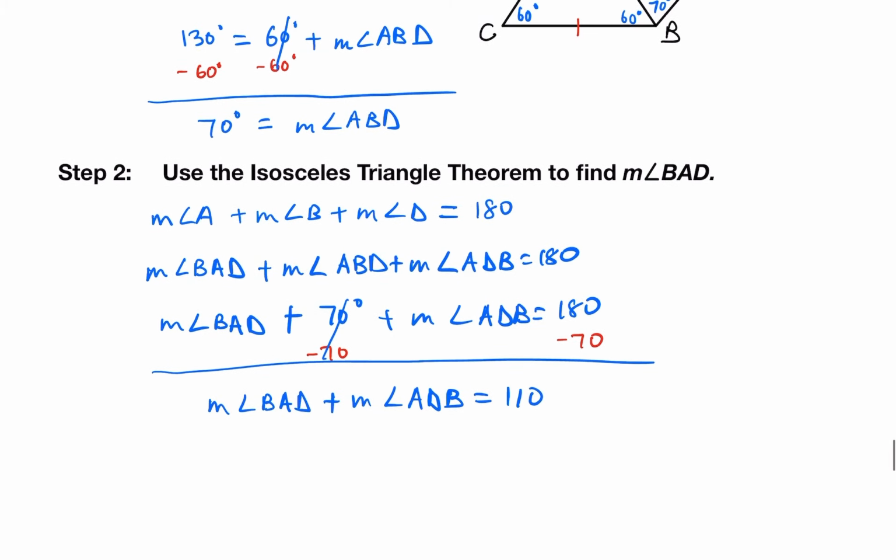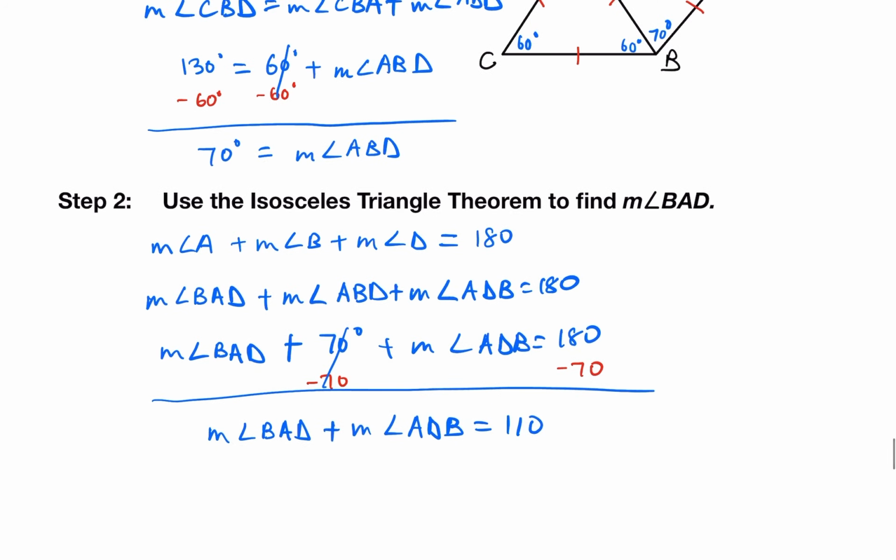If they're equal, then the measure of angle BAD plus the measure of angle ADB, which is the same thing as BAD, because we just realized, based on the isosceles triangle theorem, that both of those angles are the same, is equal to 110 degrees.